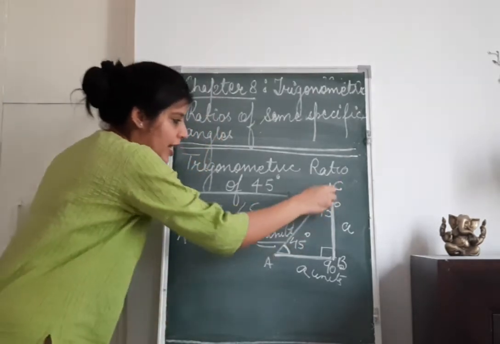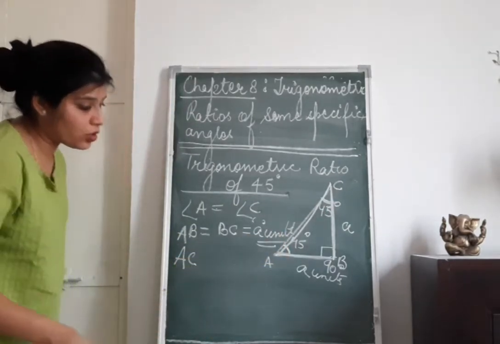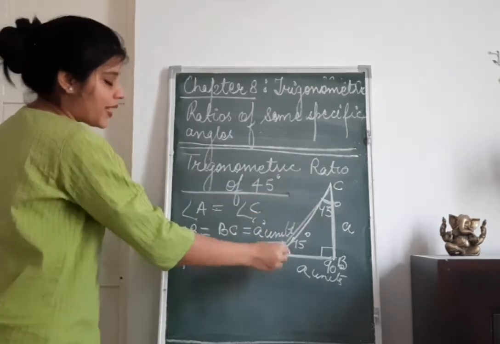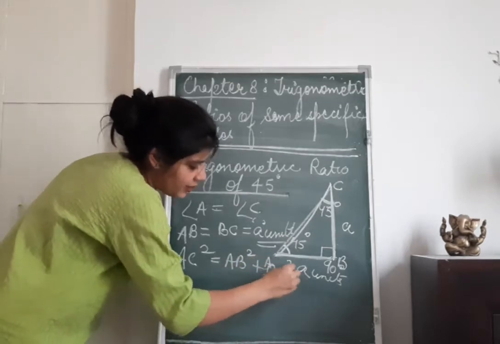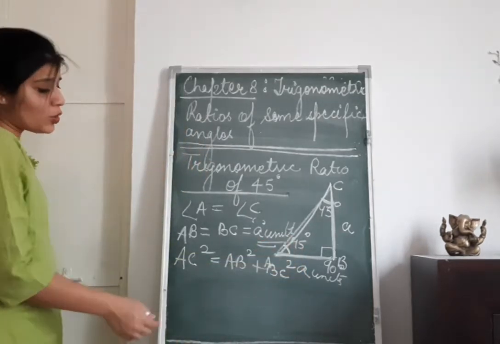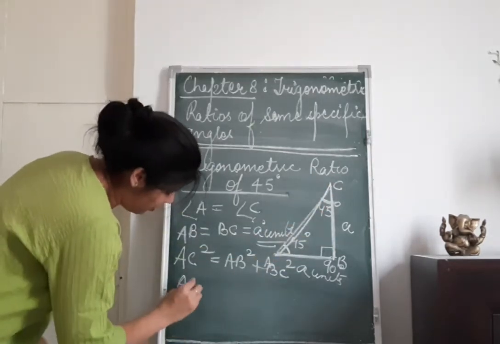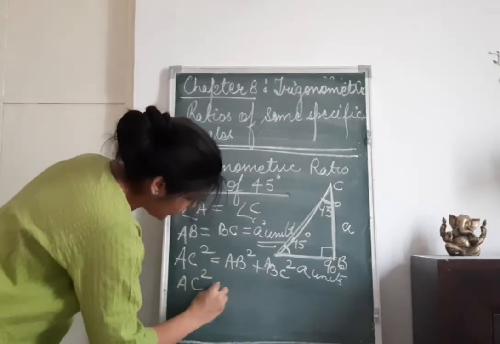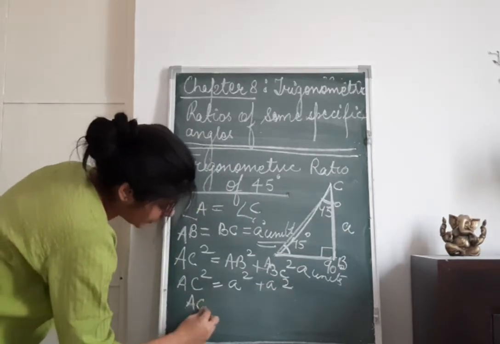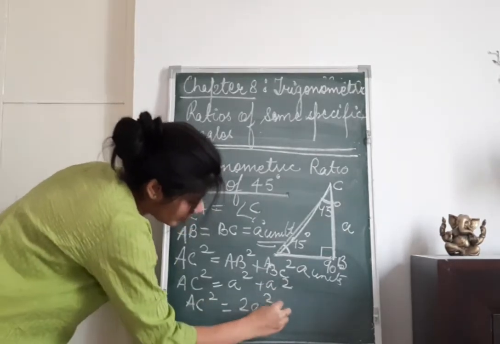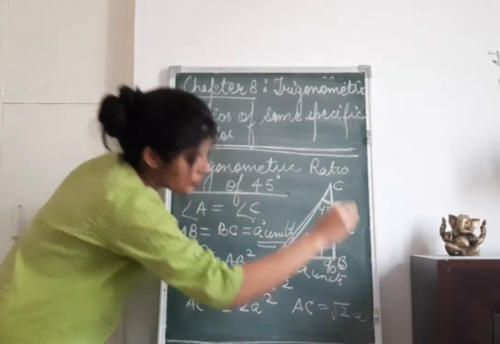So can I find out the length of AC? Yes, I can find out the length of AC using Pythagoras theorem. So using Pythagoras theorem, I can say AC square is going to be equal to AB square plus BC square. We have assumed the length of AB and BC as A units. So AC square is equals to A square plus A square. That gives me AC square is equals to 2A square, which further gives me AC as root 2A.